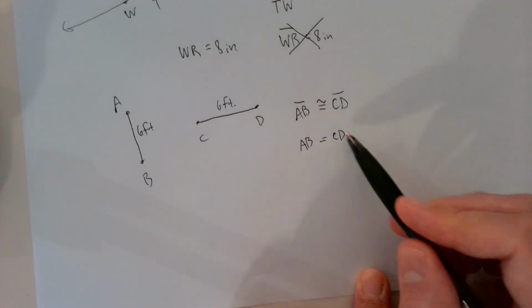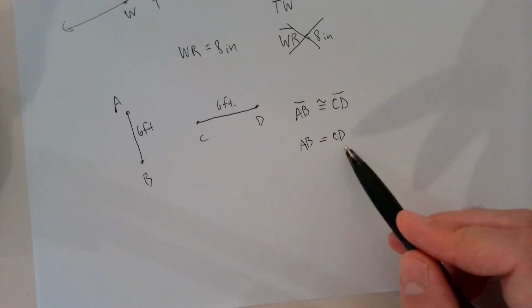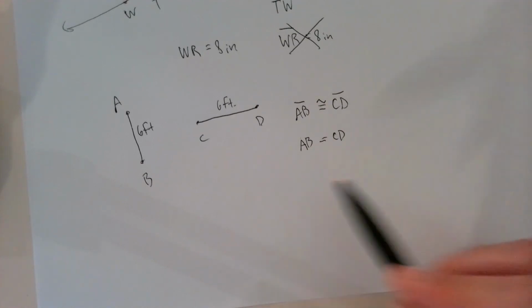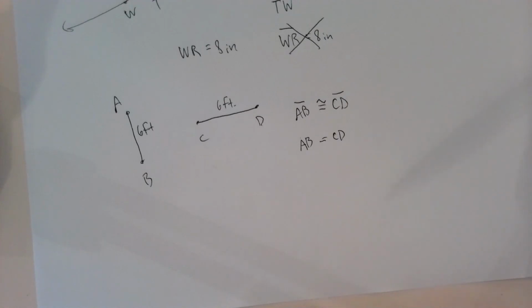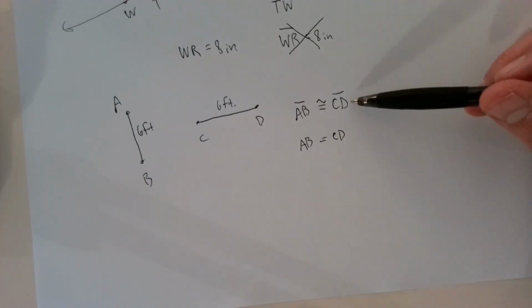When we don't have those bars on top, this is talking about lengths. Lengths are numbers. So numbers can be equal. And in addition to that, numbers we can add to, subtract, multiply, divide, all kinds of things we can do with numbers that we cannot do with segments.